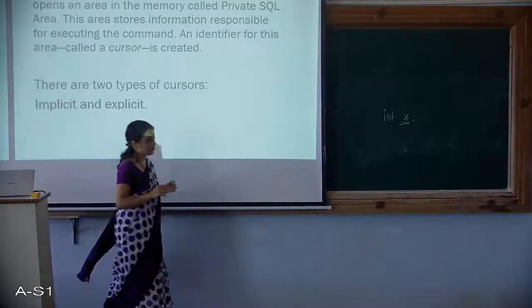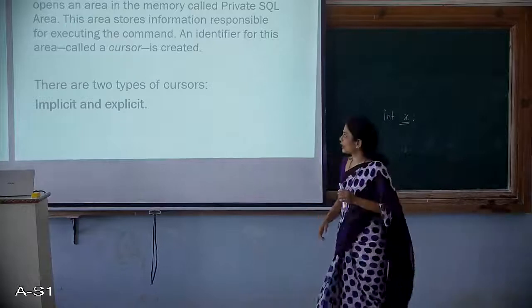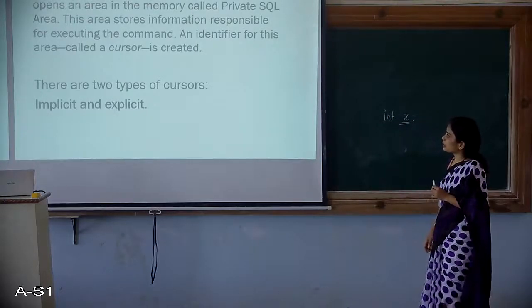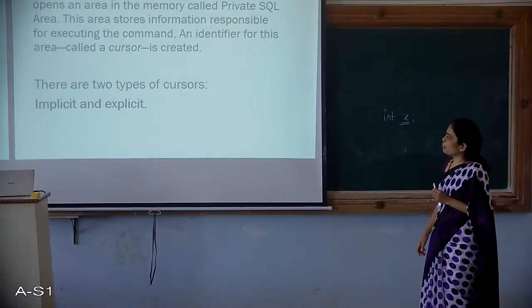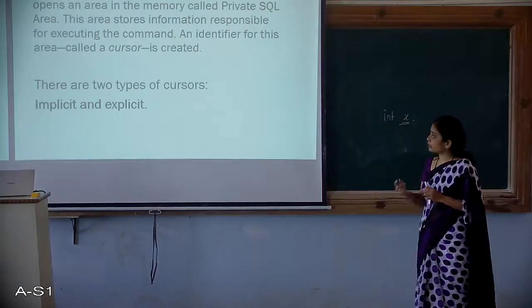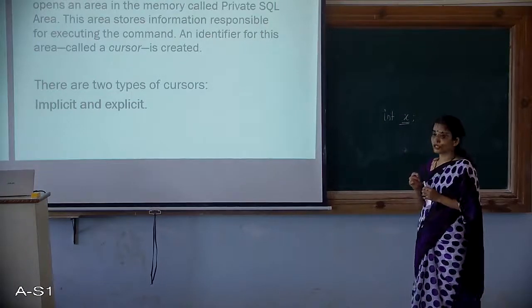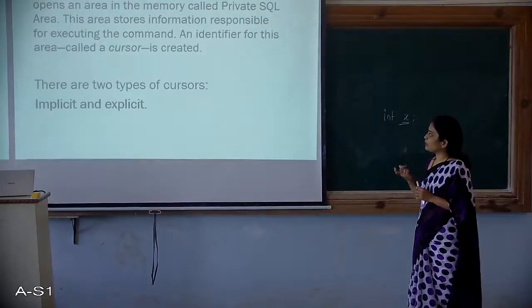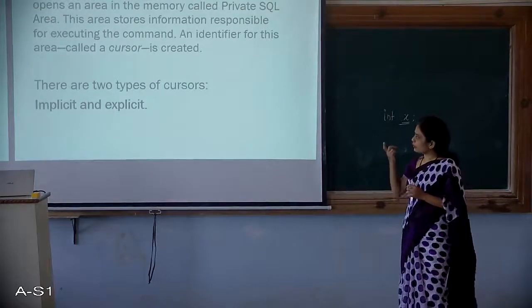Let me read a small definition I have pasted. When Oracle processes a SQL command, it opens an area in the memory called the private SQL area. This area stores information responsible for executing the command. An identifier for this area is called a cursor.